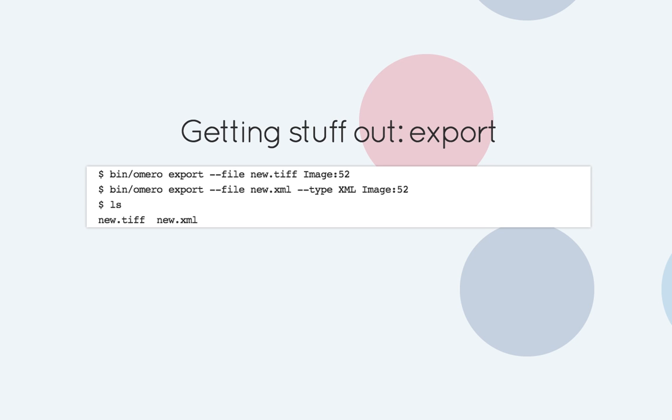So here we give it the ID of the image and the name of the file we want exported. If we just want the metadata, then we can use the type XML option, and that will give us just the metadata for image 52 rather than the pixel data. And after running those two commands, as you can see, we've got two files in our local directory, one which is the OME TIFF and one which is the OME XML.